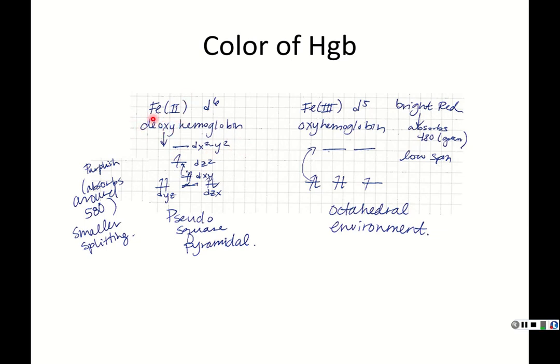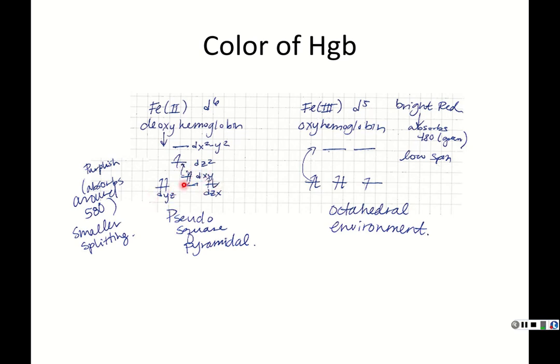And that's because you have an iron 2, which is d6, and the geometry of it is what's referred to as pseudo-square pyramidal, which we can estimate the crystal field as the same as a square planar would be.